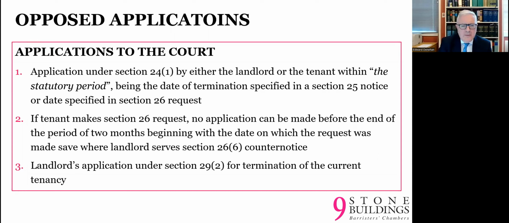You might think, well, why would a landlord who wants to oppose make such an application? That would be a good question, because there's no need to do that, because the landlord can now go under section 29(2) for an order terminating the current tenancy. So in a case like our hypothetical case, the tenant could bring its application to the court under section 24(1), or the landlord, which it does in our hypothetical case, applies under section 29(2).